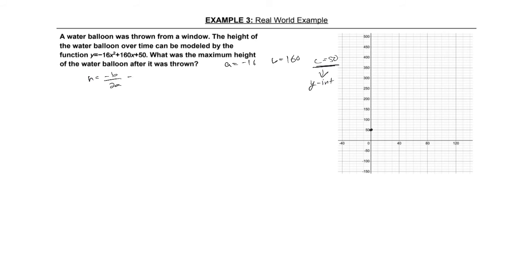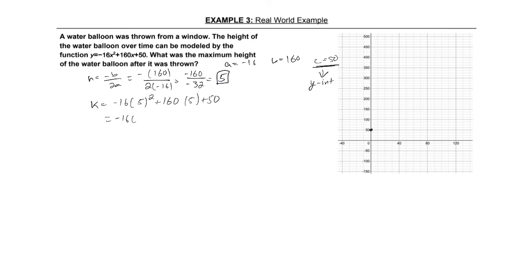Now let's find this. So opposite of b, so negative 160 over 2 times negative 16, so negative 160 over negative 32, which equals 5. So there's your h. Now your k: negative 16 times 5 squared plus 160 times 5 plus 50.